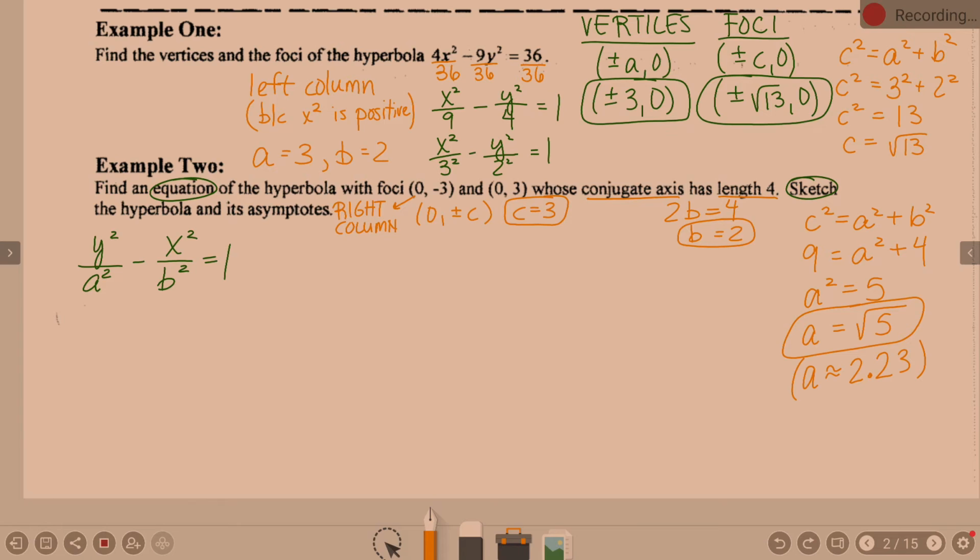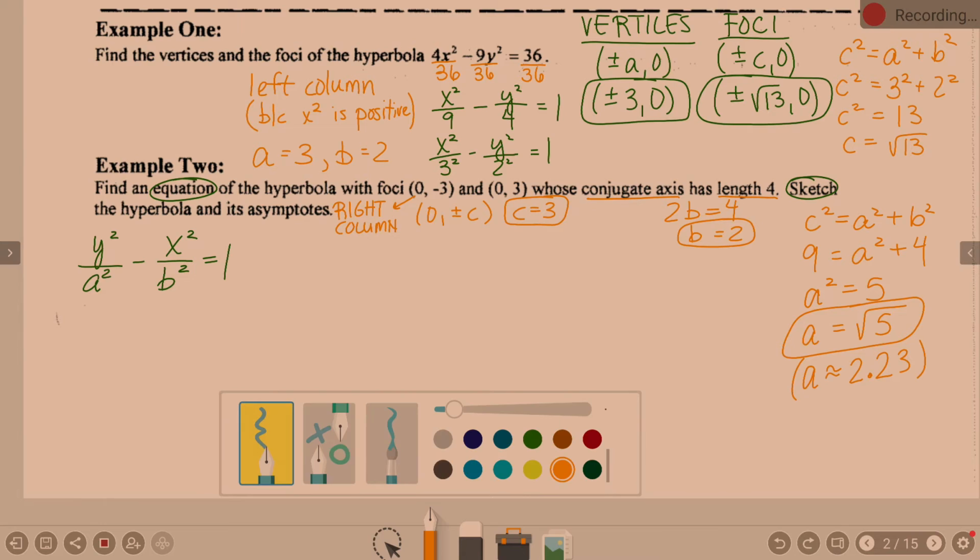It's not that you have to know that, but here's the deal. We're going to be graphing here shortly, and when we're graphing, we're going to have to be able to graph a distance of A. I don't know how to graph a distance of square root of 5 unless I get that written out.